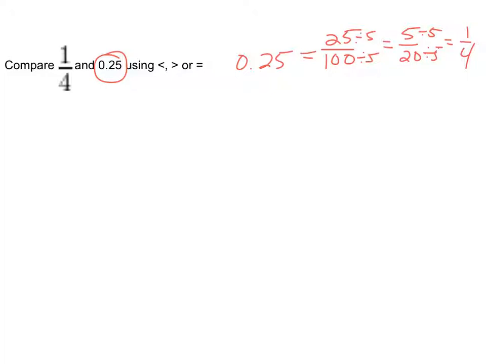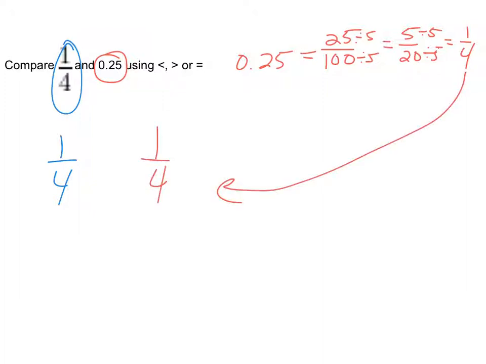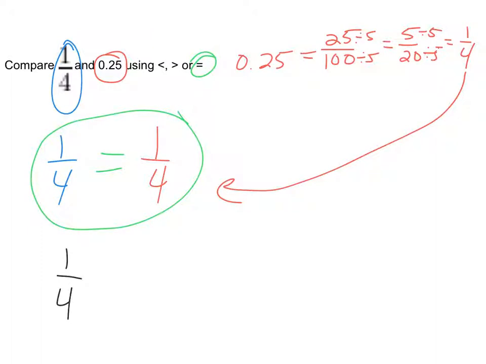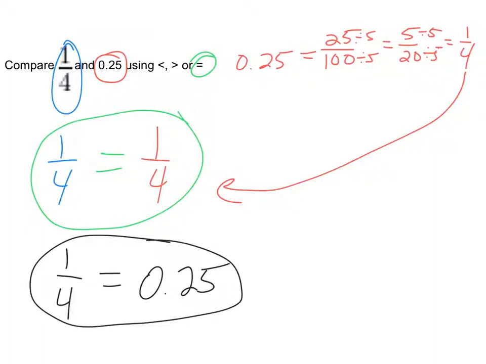So I am comparing 1/4 to 1/4. Okay? These are the same fraction. So I'm going to use the equal to. So 1/4 and 1/4 are equal. If we want to write it in terms of how they wanted us to compare it, 1/4 and 0.25, I would still say that they are equal.